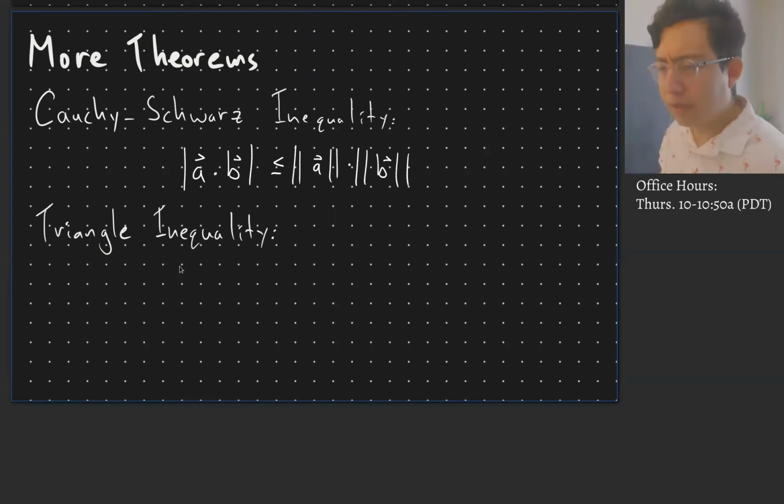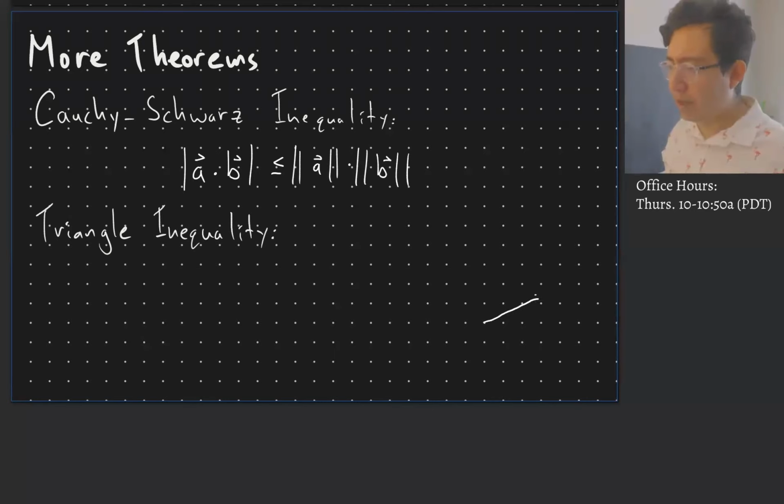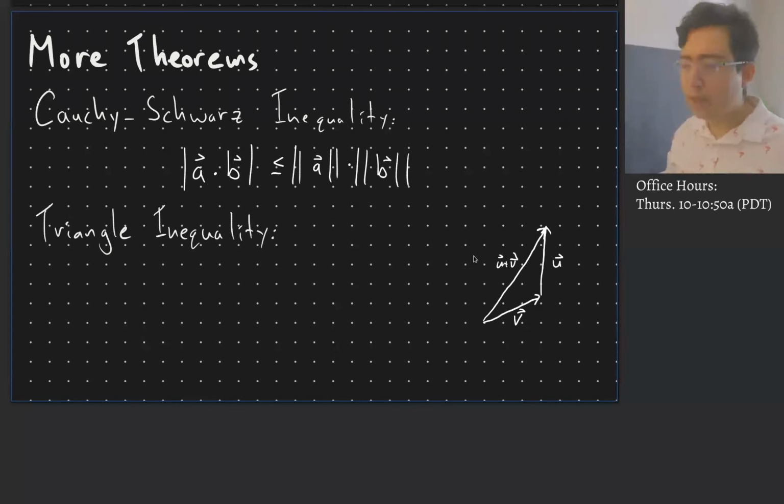So let's then move on to the triangle inequality. The triangle inequality has a nice picture to it. Basically, when you add two vectors together, you get a little triangle picture, right? If this is v and this is u, then you get a triangle here with u plus v. And what the triangle inequality says is that the length of u plus v is always going to be less than or equal to the length of u plus the length of v.